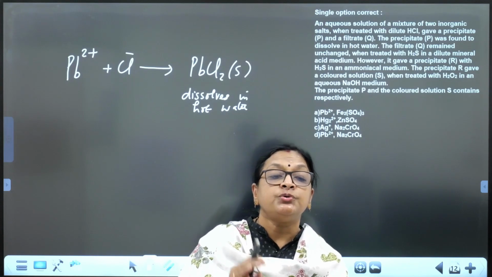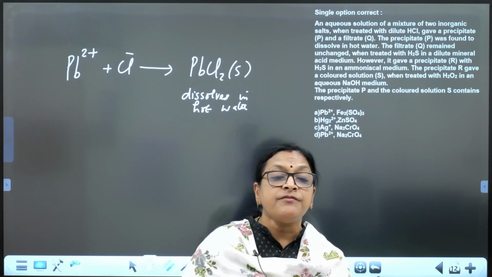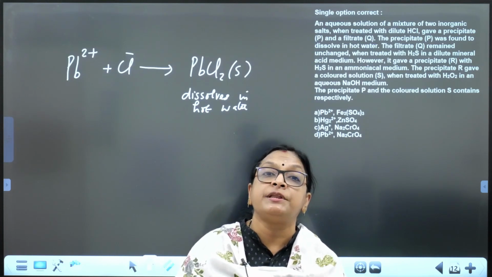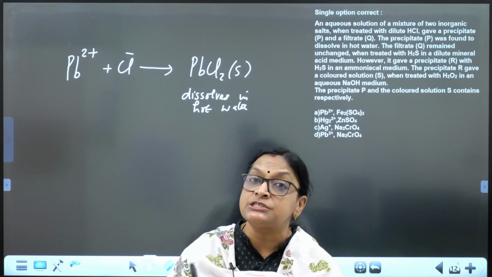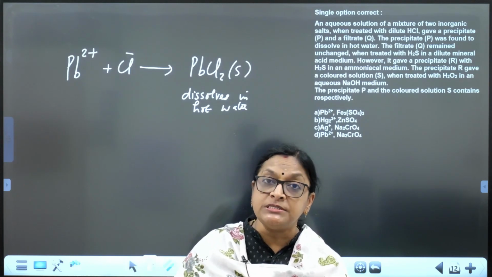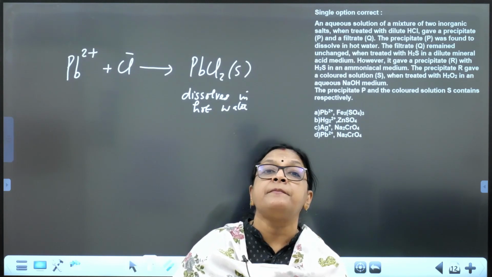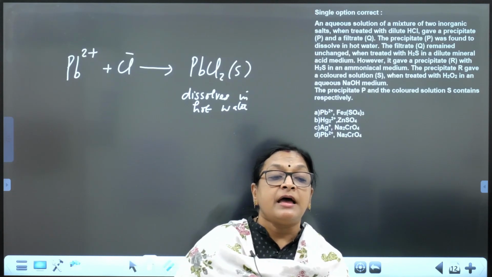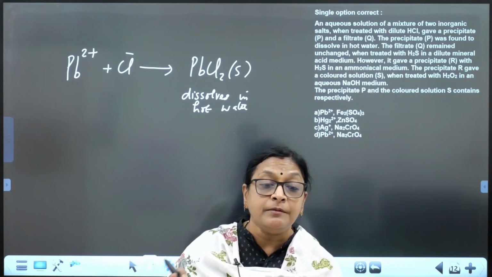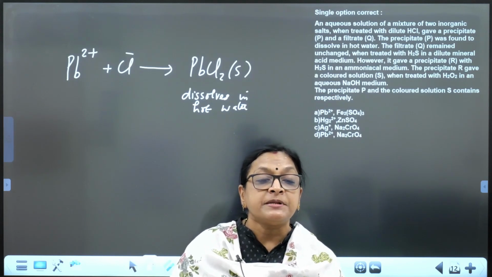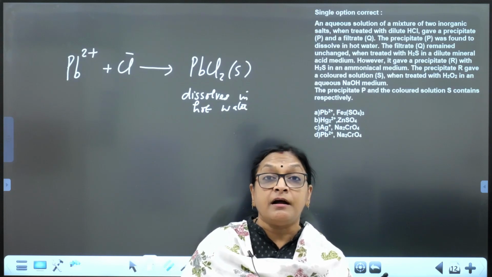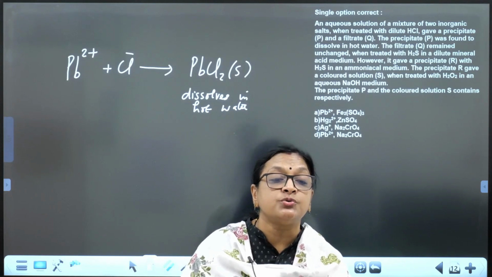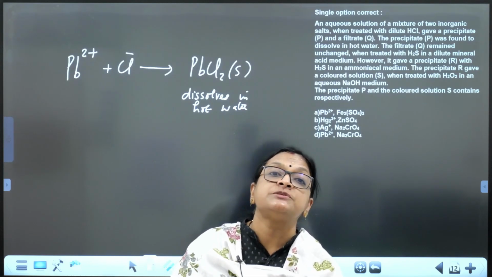Coming to the next explanation, it gave a precipitate R with H2S in ammoniacal medium. In acid medium it is not precipitated with H2S, but in alkaline medium, that is basic medium, it is precipitated when H2S is given in an ammoniacal medium. The precipitate R gave a colored solution S when treated with H2O2 in an aqueous NaOH medium.